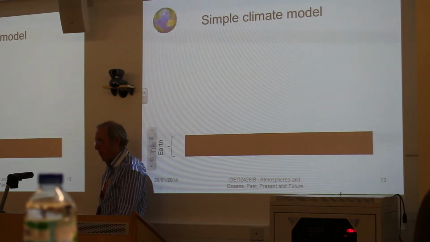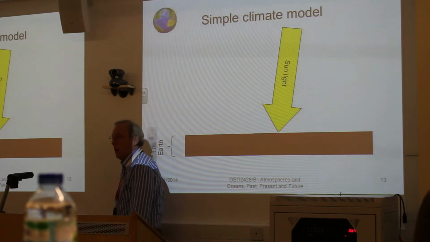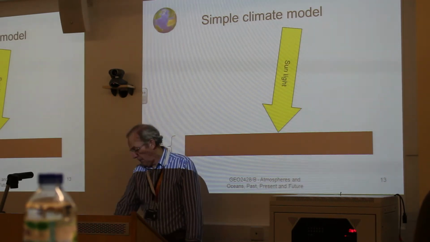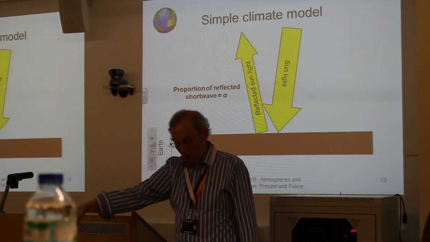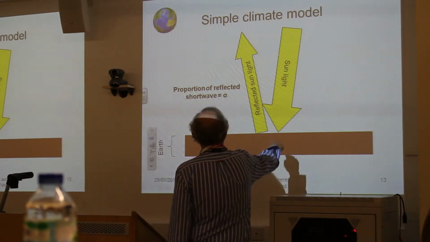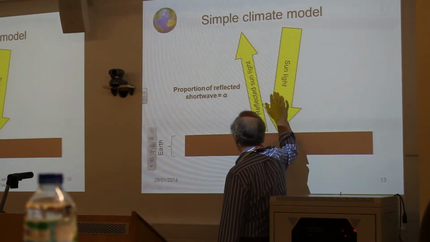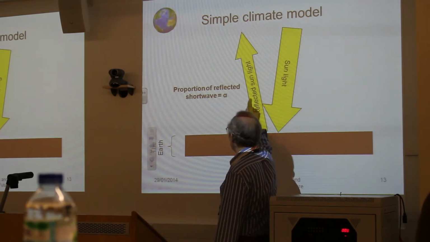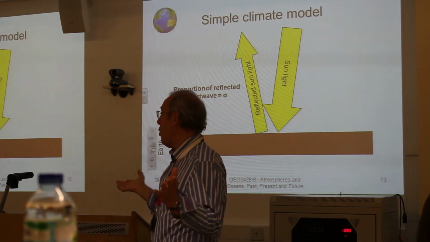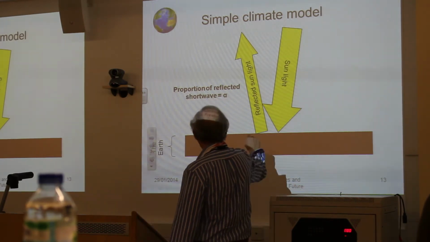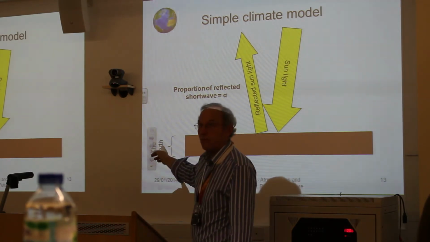So in that simple climate model, we have the Earth, we have sunlight coming into the Earth, we have reflected shortwave radiation, so shortwave radiation coming in, that's our first part of the model. Our albedo of the Earth is the proportion that's reflected. Very simple model.